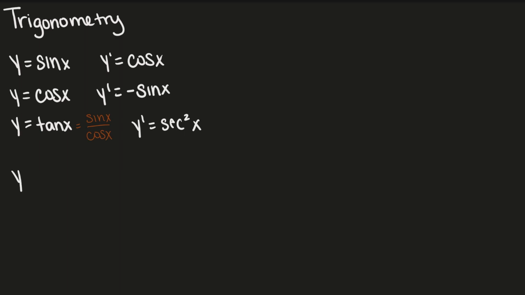When y equals cosecant of x, cosecant is 1 over sine. Again, we could use the quotient rule, but our derivative is going to be equal to negative cosecant x cotangent x. When y equals secant x, this is 1 over cosine.